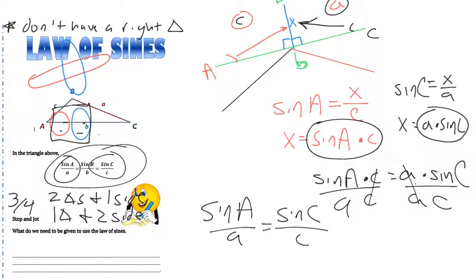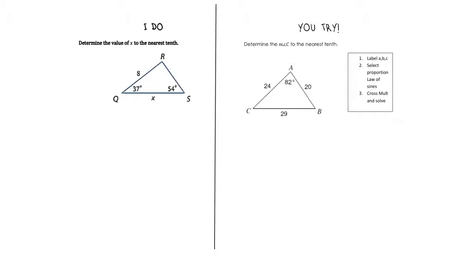So watch how it works on the inside left. If I want to find the value of QS, or x here, I want to set up my law of sines because this is not a right triangle. So I want to think about numbers and angles that I have that match up. So 54 is across from 8. So I could do sine of 54 over 8. And I'm going to set that equal to sine of R over x.